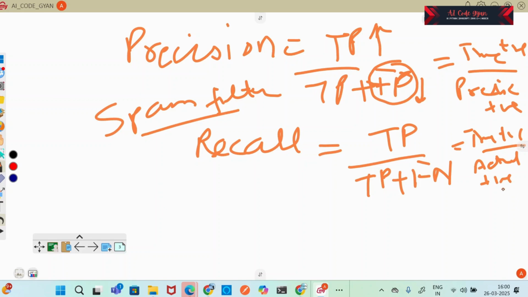We use this to get better results for disease detection. For example, for cancer, we want to reduce FN here. FN means that cancer is actually there, but it is not predicted positive. That is a big blunder.